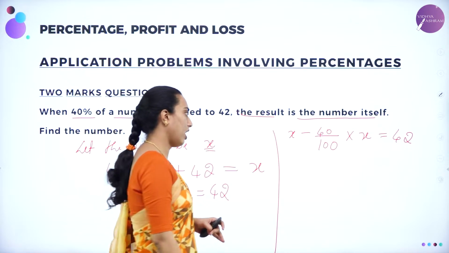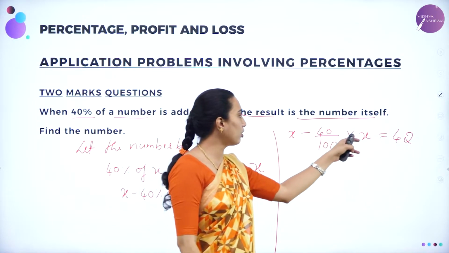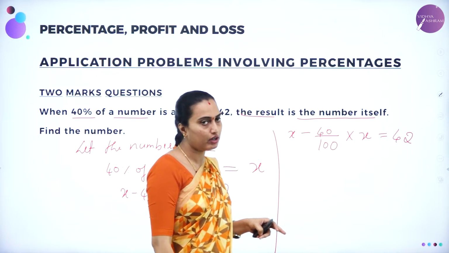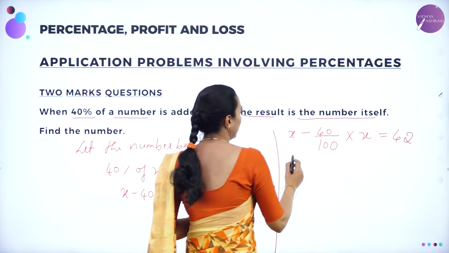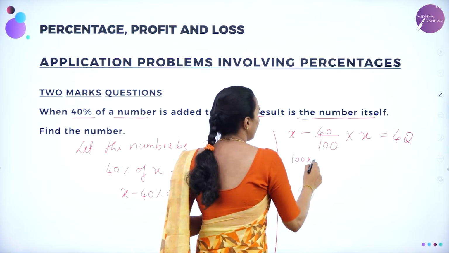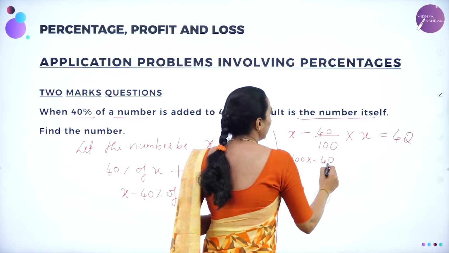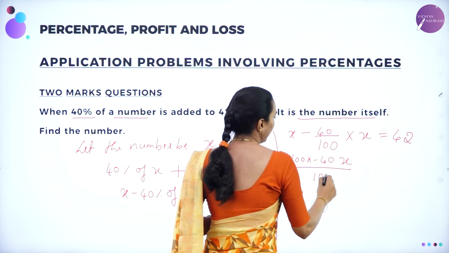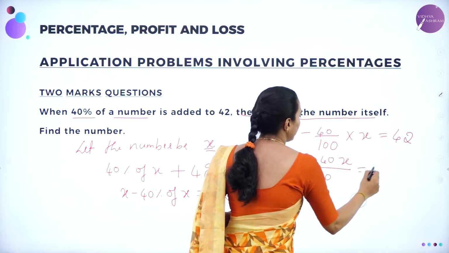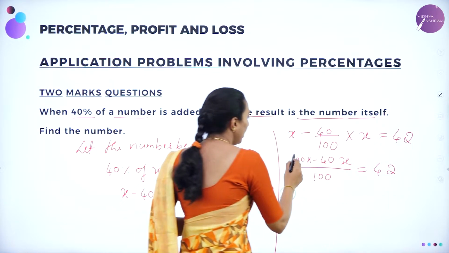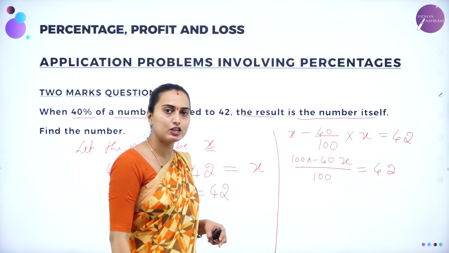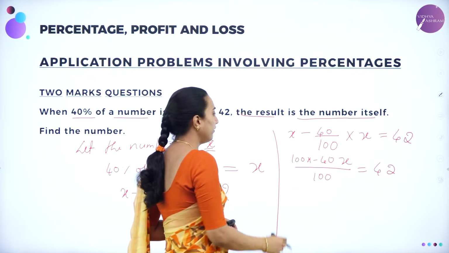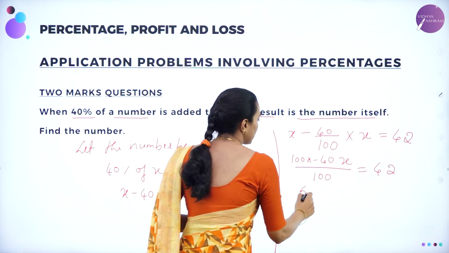Now take x common by multiplying 100, so you get 100x minus 40x divided by 100 is equal to 42. Now 100x minus 40x gives you 60x, correct?